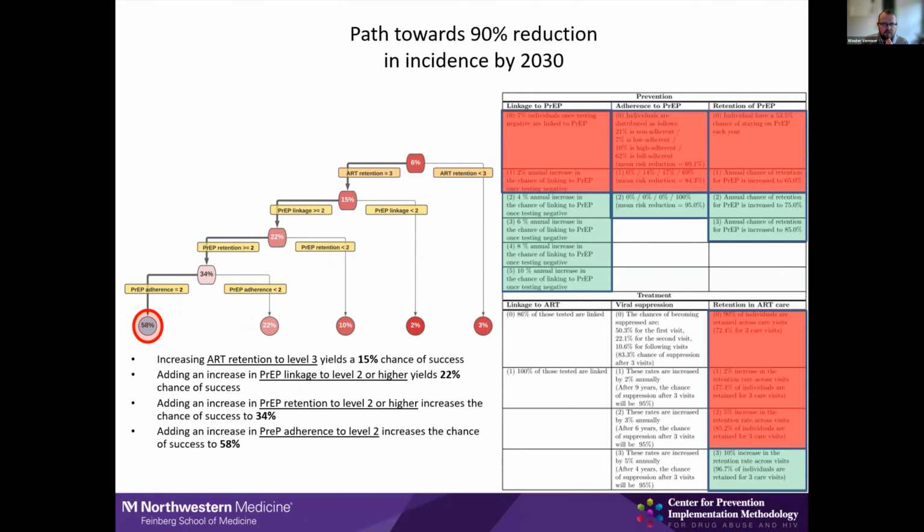Just to give you a sense of what this modeling also does in the background, essentially what it does is it looks at incidents over time, given a certain set of intervention scenarios.